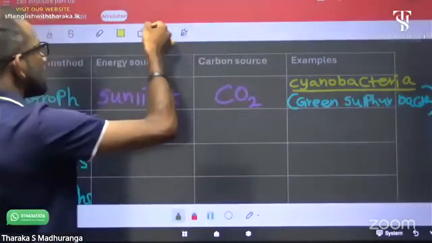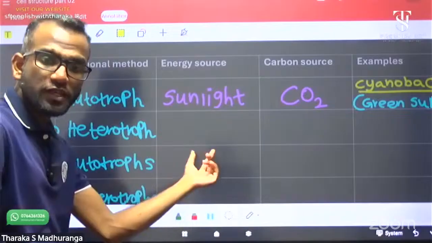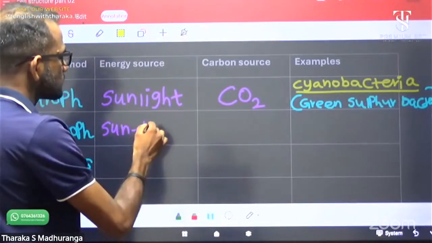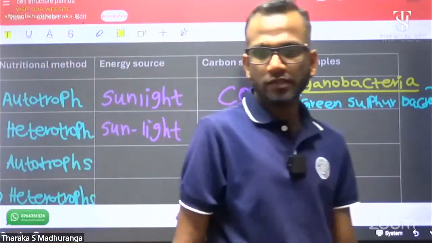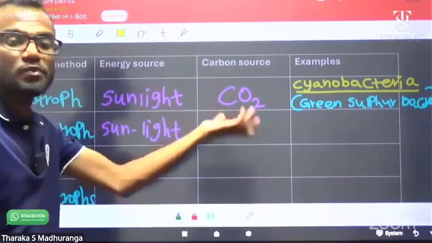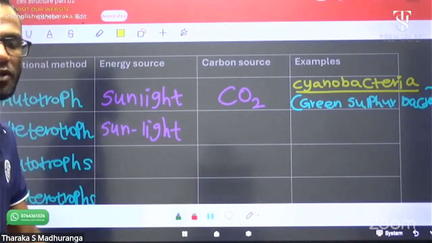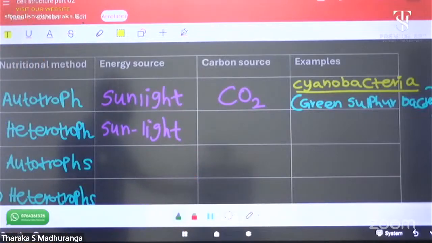Next one, the second one, photoheterotrophs. There is photo, so sunlight. Sunlight is the energy source, but it is heterotrophs, no photosynthesis. They depend on another source. No photosynthesis. Therefore, what is the carbon source? Do you know?